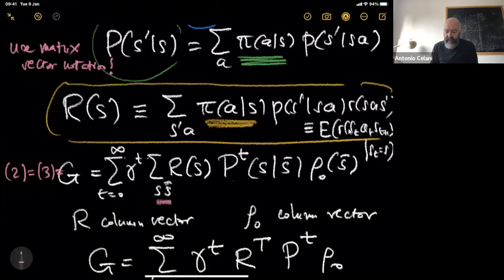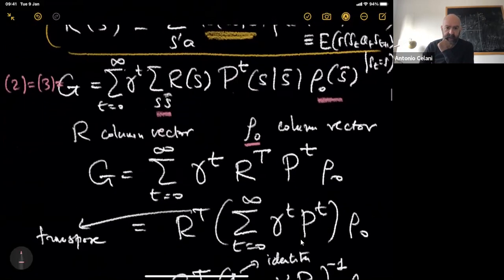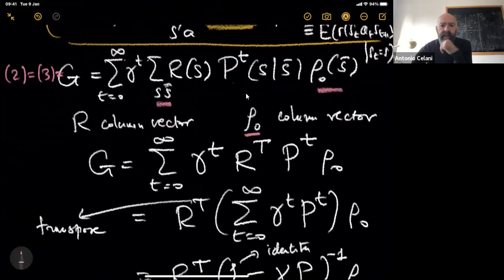If this is a column vector, which I wrote here, and this is a row vector, then this is R transpose P to the power T rho 0. This is just the way you write in linear algebra the product of matrices, which is the equation that I wrote below here in the middle. I just replaced these two sums explicitly with that.